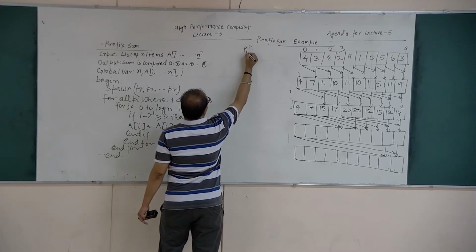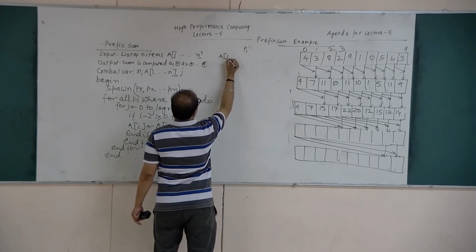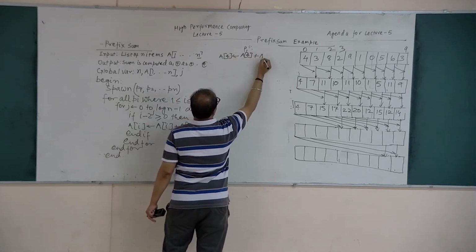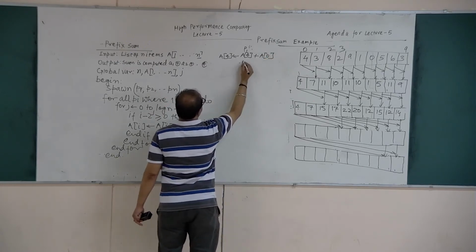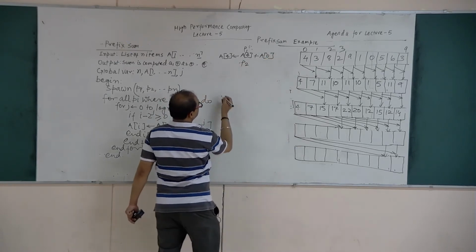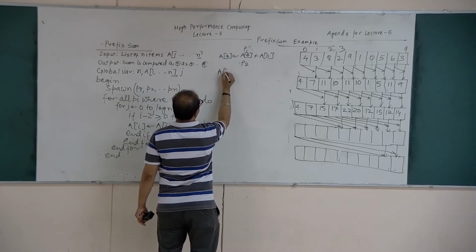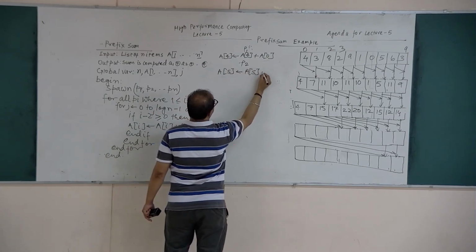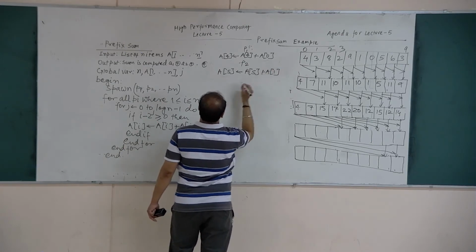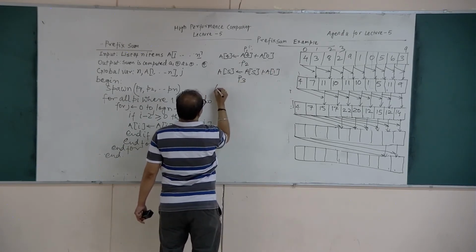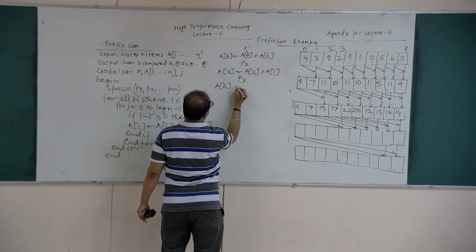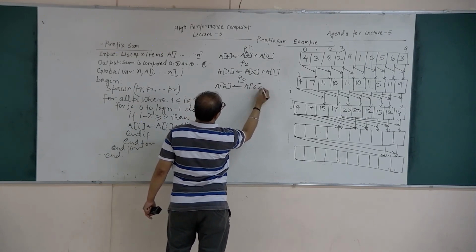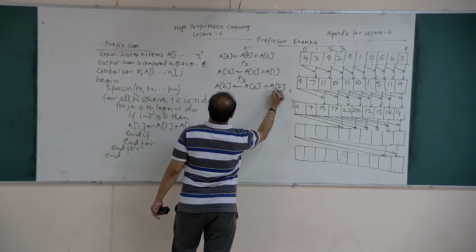So element at A4 and A0, P2 is adding element at A5 and A1, and P3 is adding element at A6 plus A2, and so on and so forth.